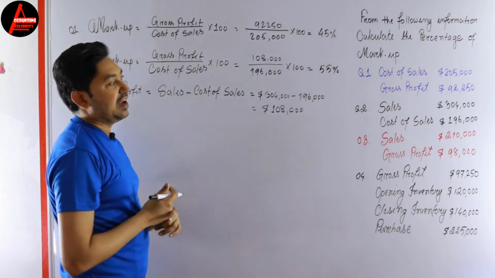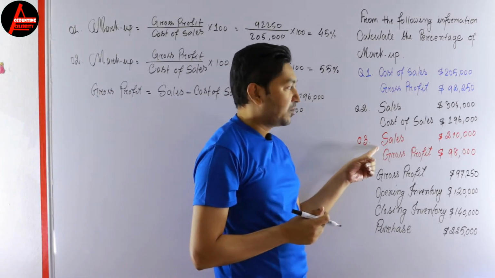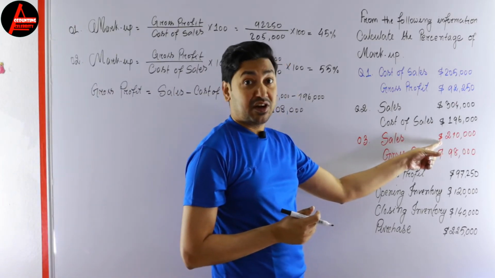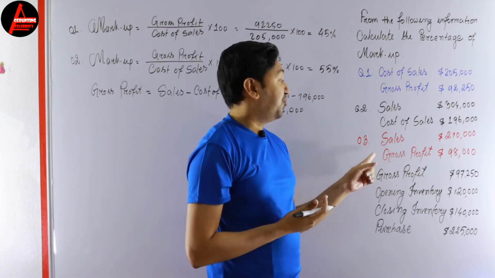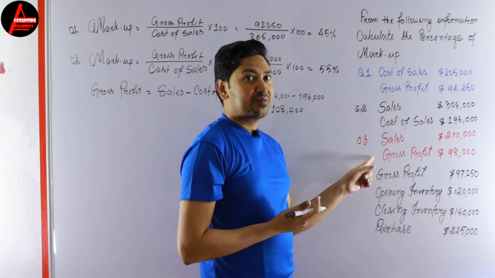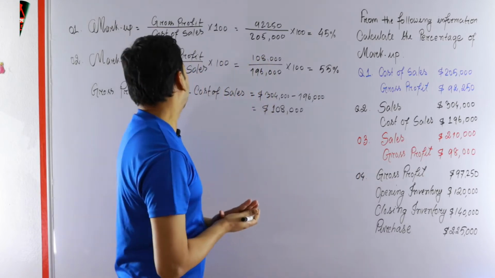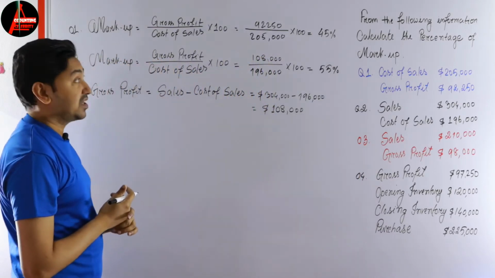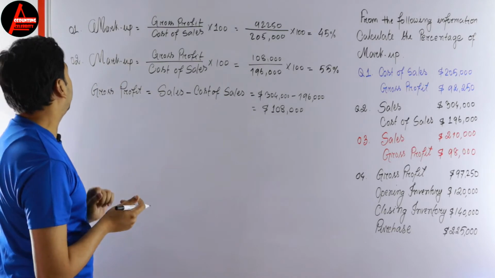Okay, number 3, here we have the value of sales, which is $210,000. We have gross profit. What is not there? Cost of sales. So here we need to calculate cost of sales to get the value of markup.